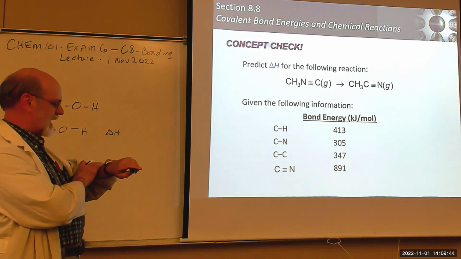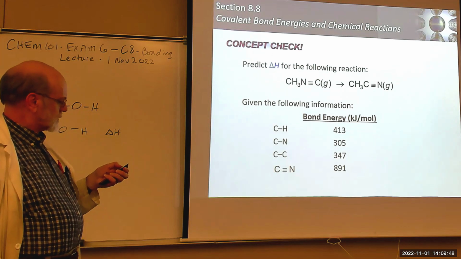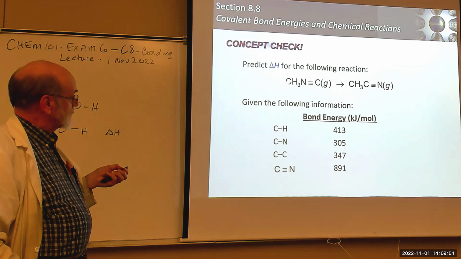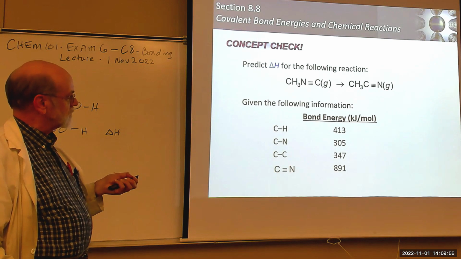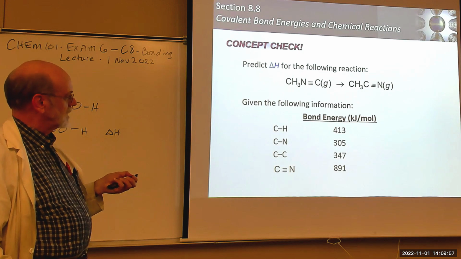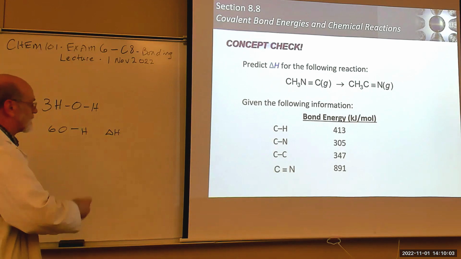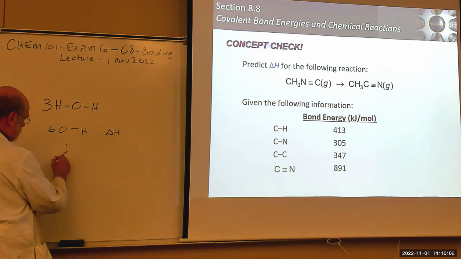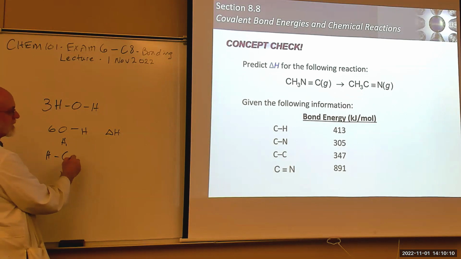So here's an example. Notice where we have CH3 N triple bond C and CH3 C triple bond N. The only thing that's changed is the position of the carbon and the nitrogen. So that would look like this. We would have here, here, here, and here. That's the CH3.